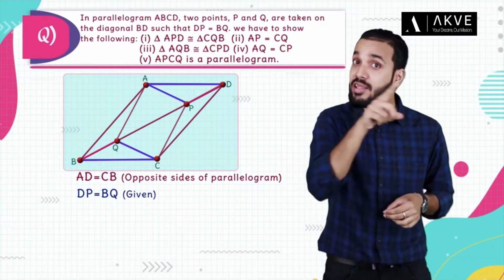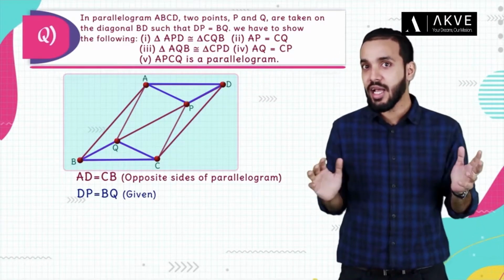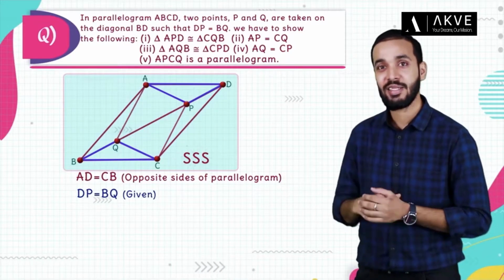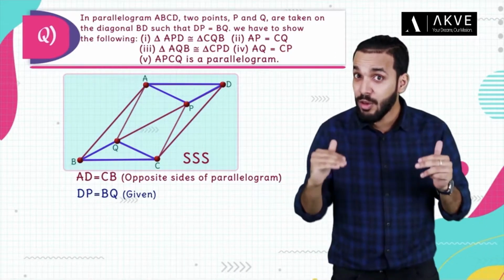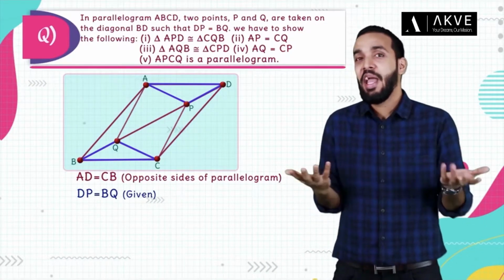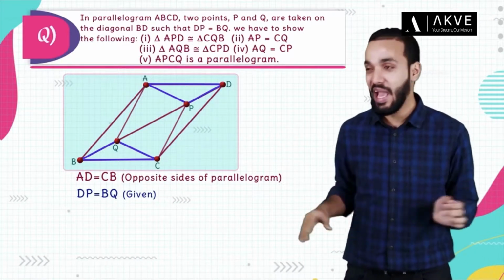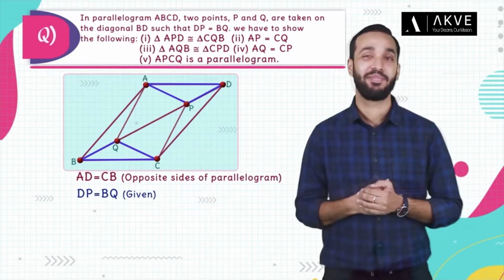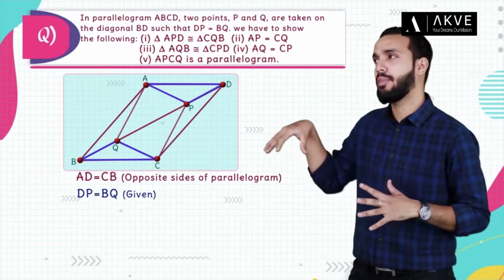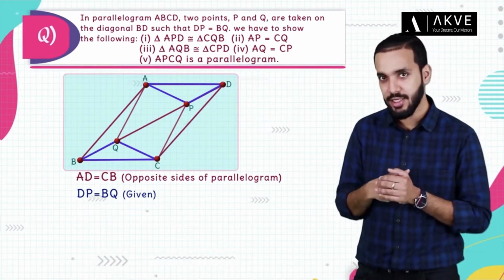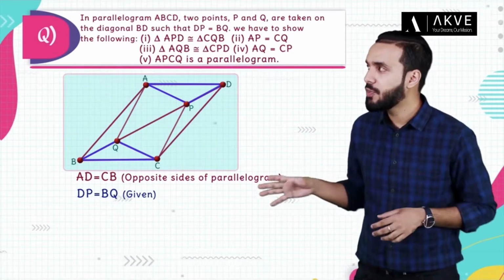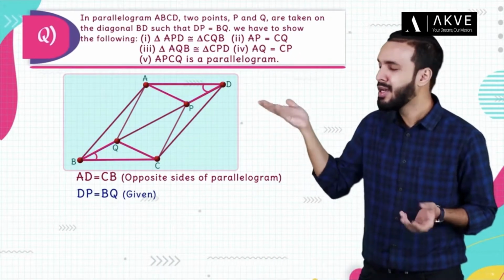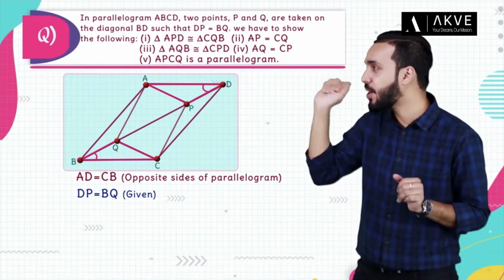We would need a third pair of equal corresponding sides to get SSS, or a pair of equal corresponding angles in between those sides to get SAS. We have no information about the third pair of corresponding sides. So, let's just try to prove these corresponding angles between the respective sides equal.